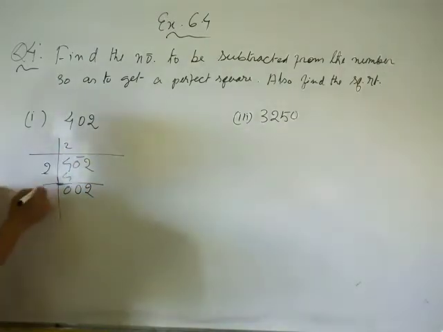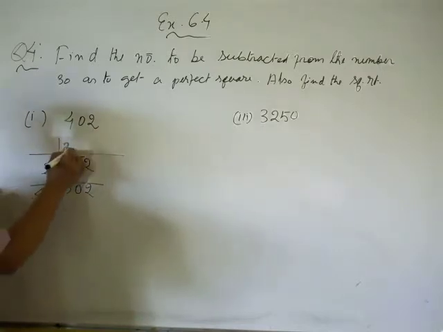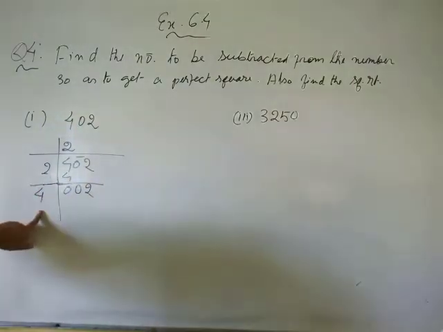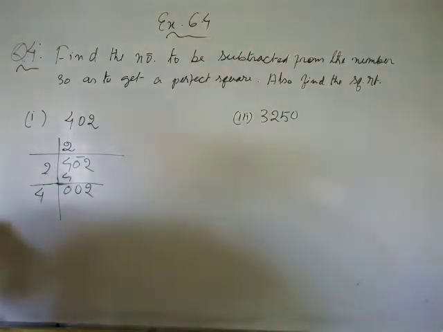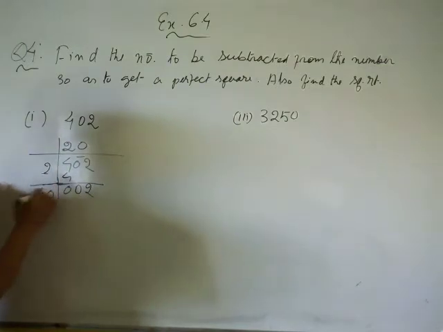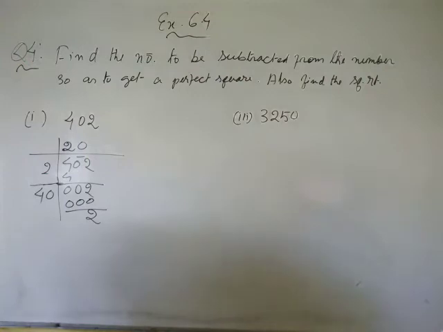So the divisor will be 4. We have to double this number, 2 twos are 4. When we double the number here, we can put it to divide this. Put 0, multiply with 0, the 4 will get 0, 0, 0, and the remainder is 2.